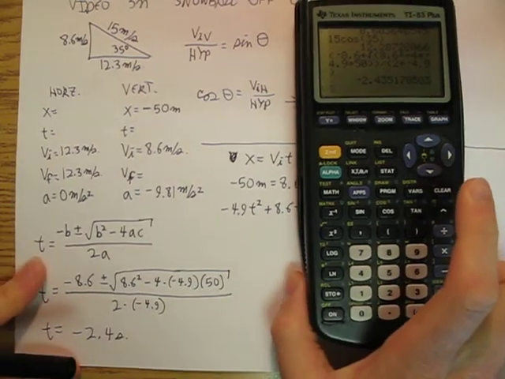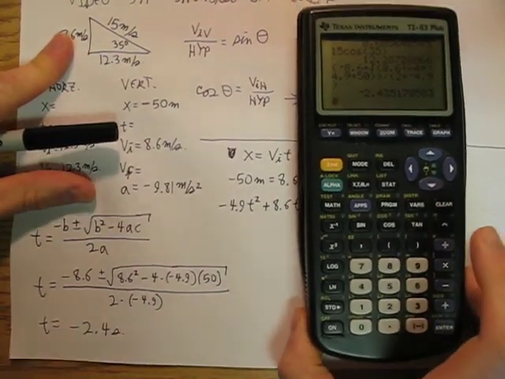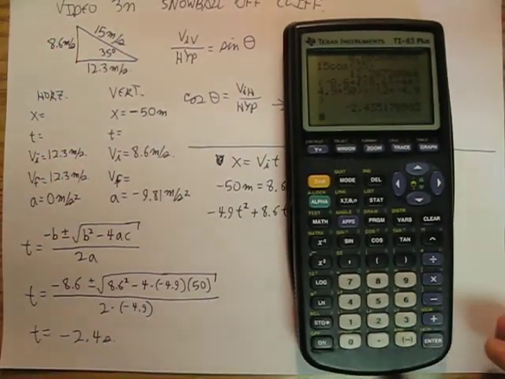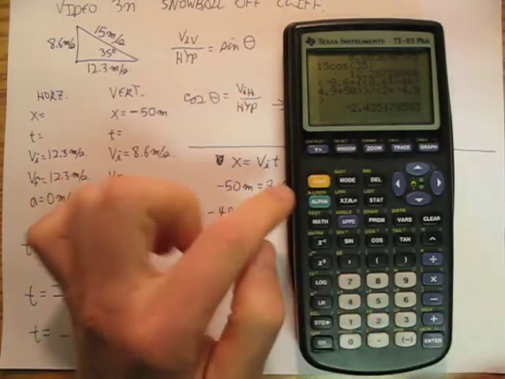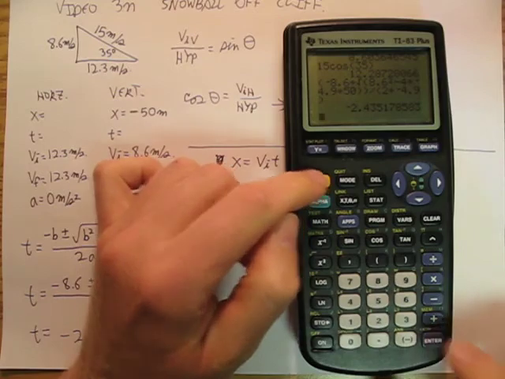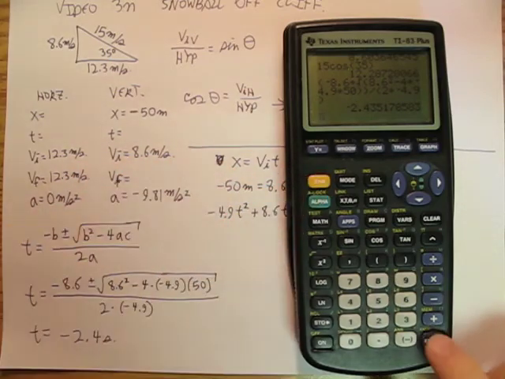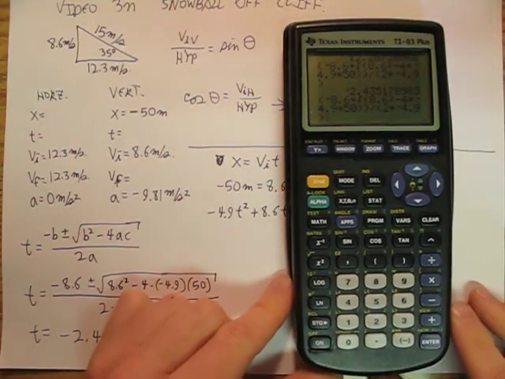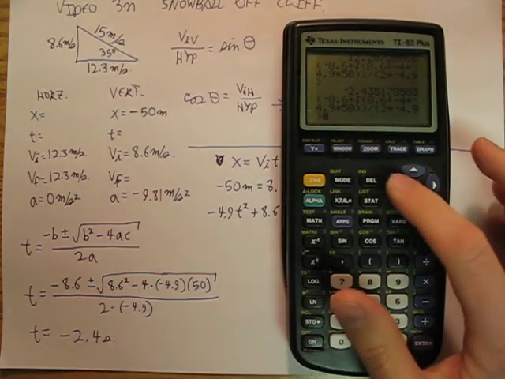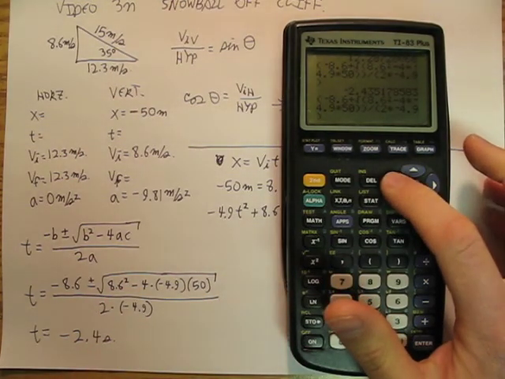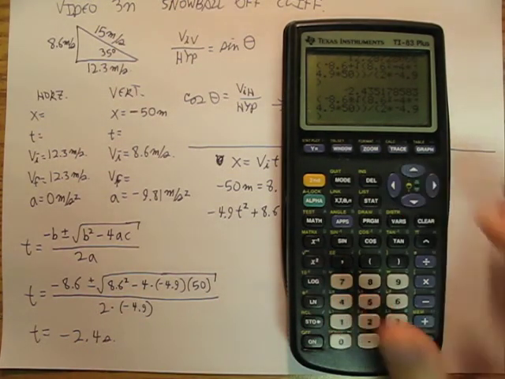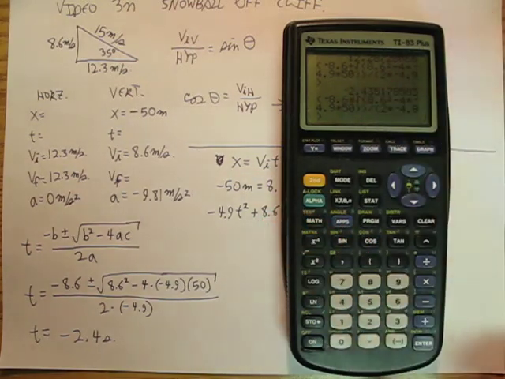Now let's find the other root real quick. Well, it's really simple. All that typing that I've just done, I can bring back by hitting second enter. If I do second enter, everything that I just typed comes back, and right there, instead of having a plus, I can have a minus.